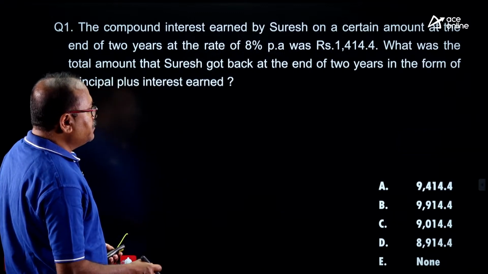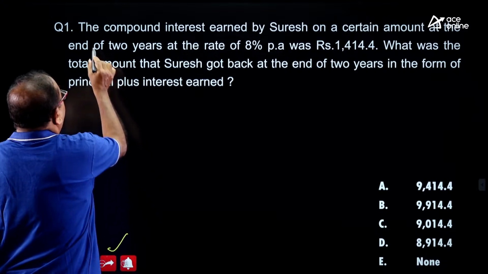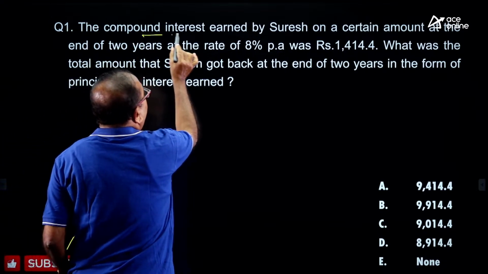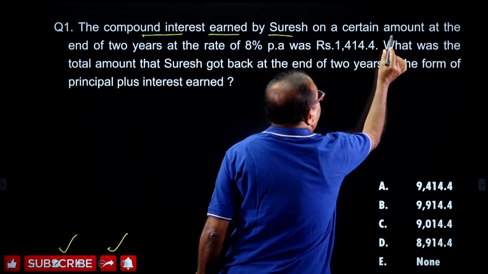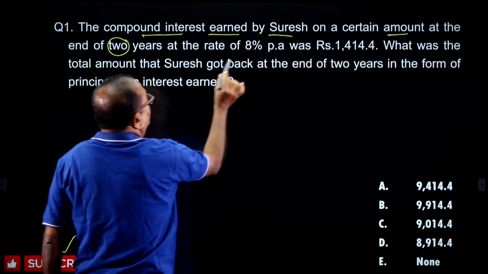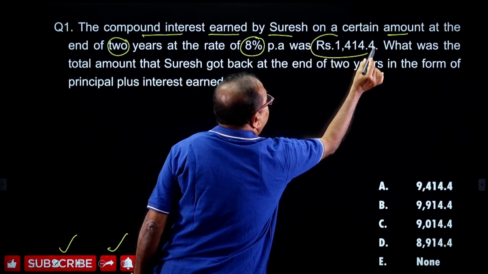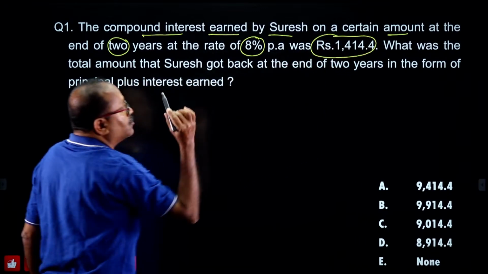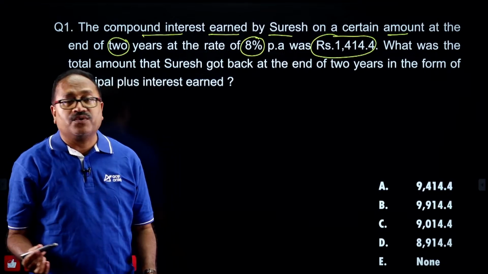So this is the very first question, and I will read the question, then we will give the 30 seconds. The compound interest earned by Suresh on a certain amount at the end of 2 years at the rate of 10% per annum is rupees 1,414.4.